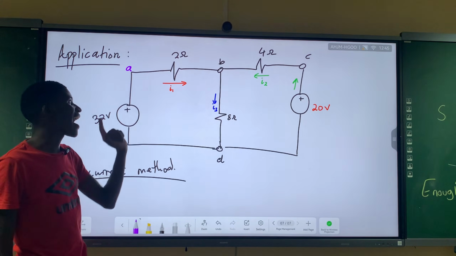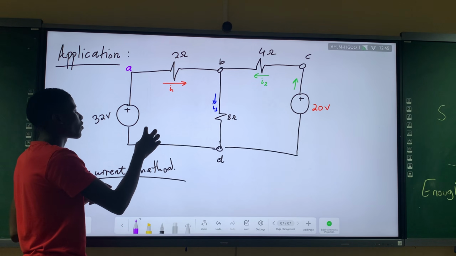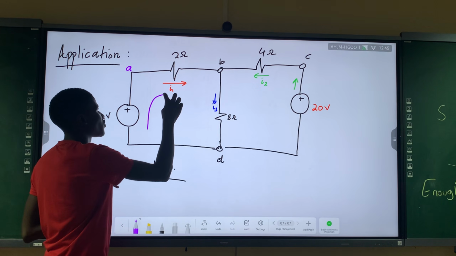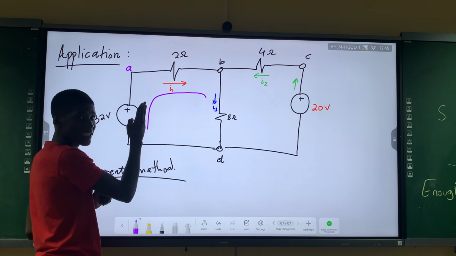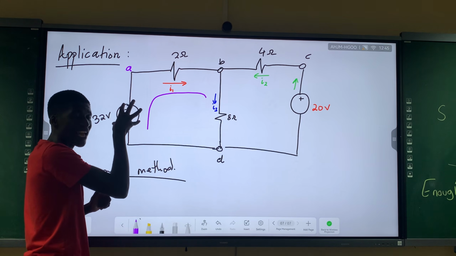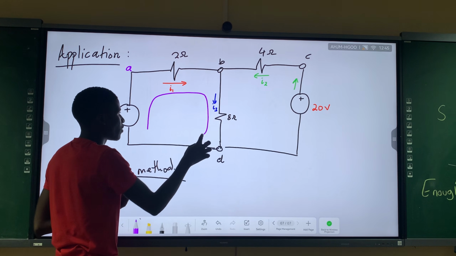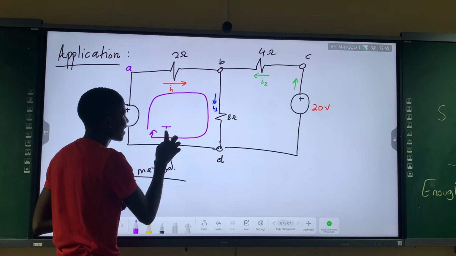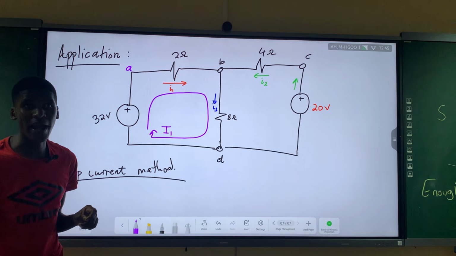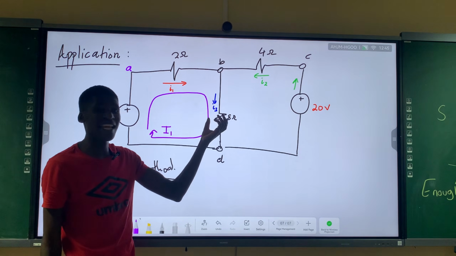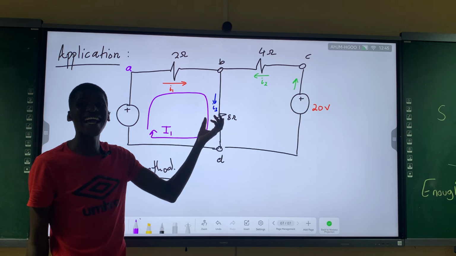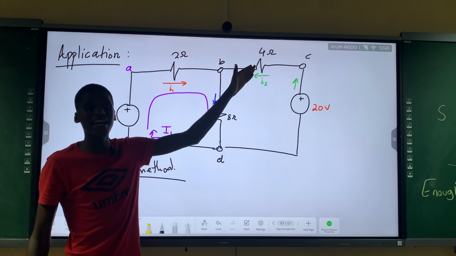I will say that this loop is producing current I1. So current I1 will go through the 8 ohms, but it is not alone because there is another current, I2.